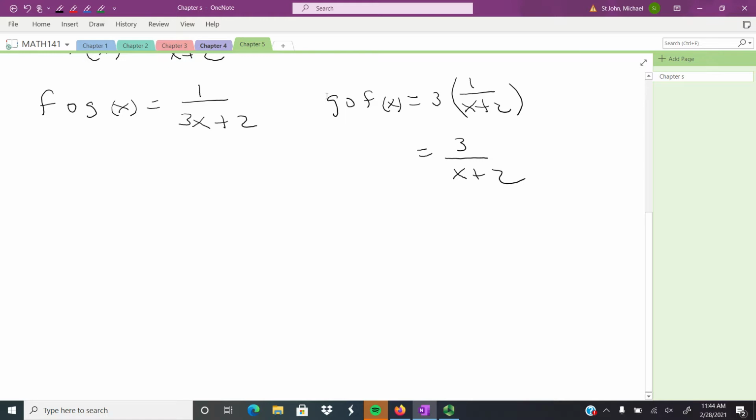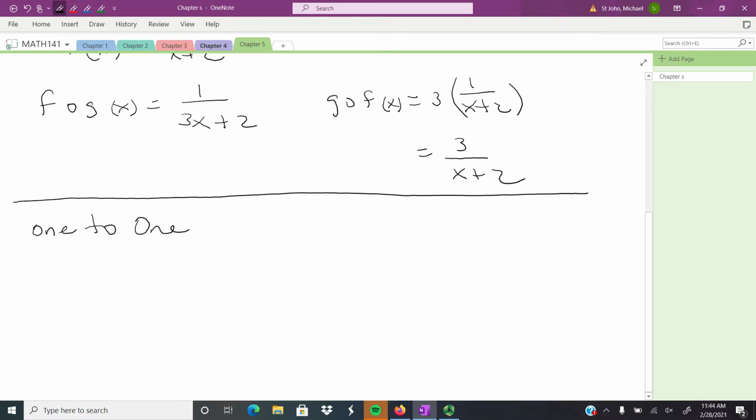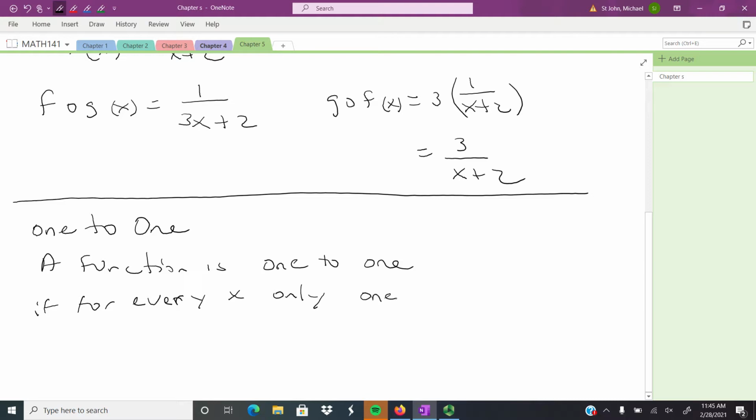So composite functions. Other things they talk about is you get in terms of one-to-one function. So a function is one-to-one if for every x only one y, and for every y only one x.